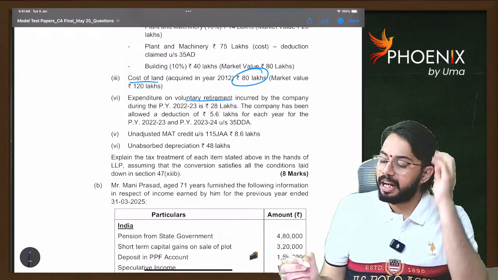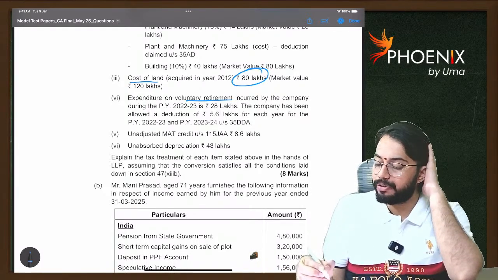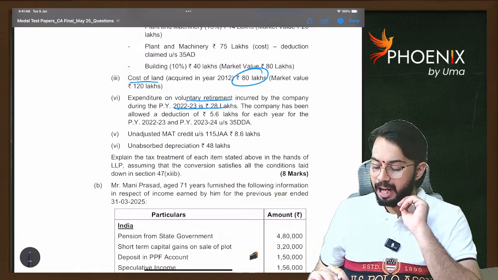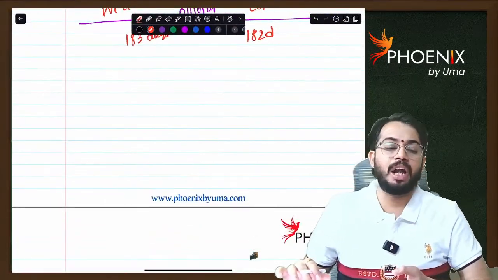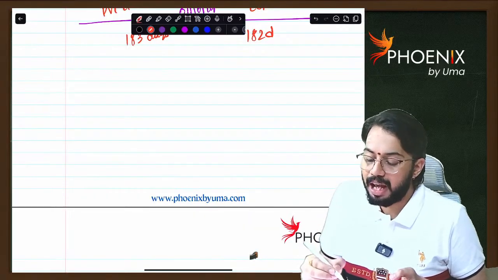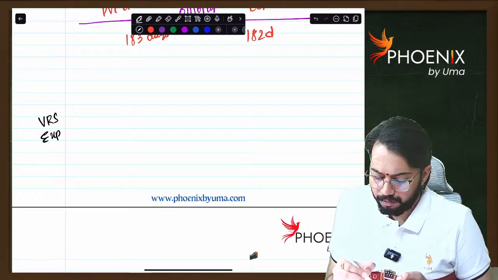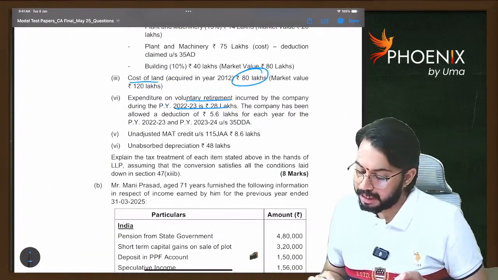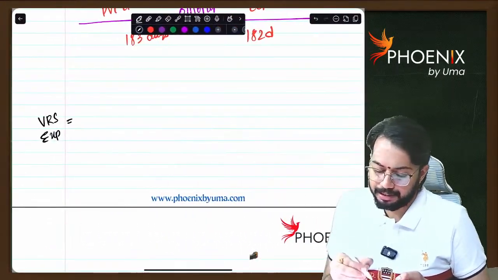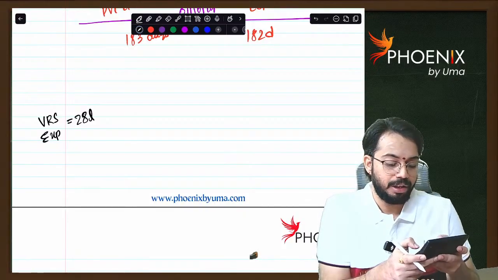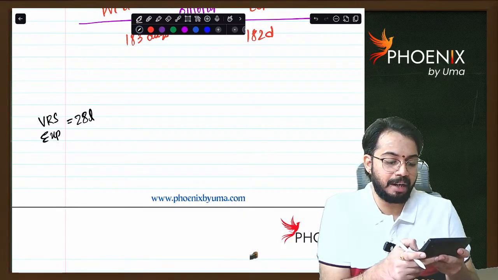Expenditure on voluntary retirement incurred by the company during 22-23 is 28 lakh rupees. You know voluntary retirement expenditure, VRS expenditure. VRS expenditure is 28 lakhs. It is allowed as deduction over a period of 5 years. So 28 lakhs divided by 5.